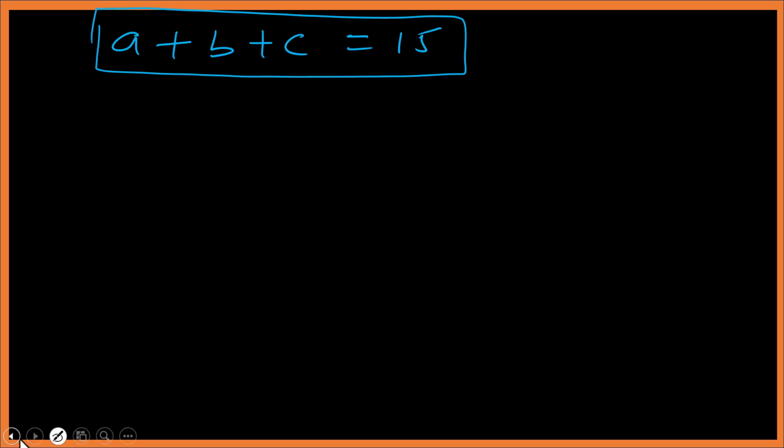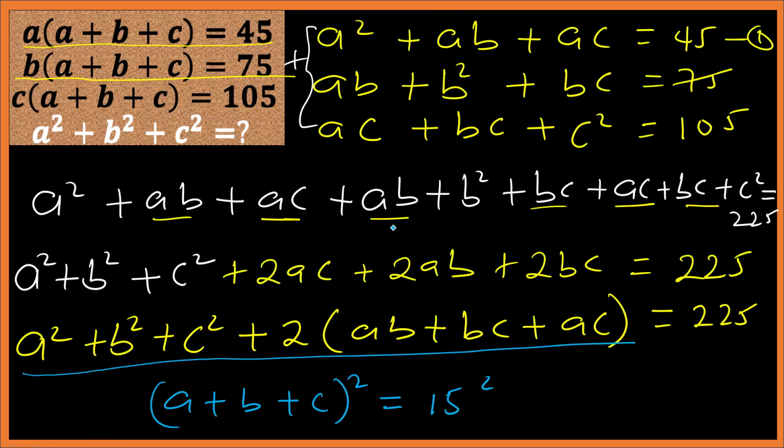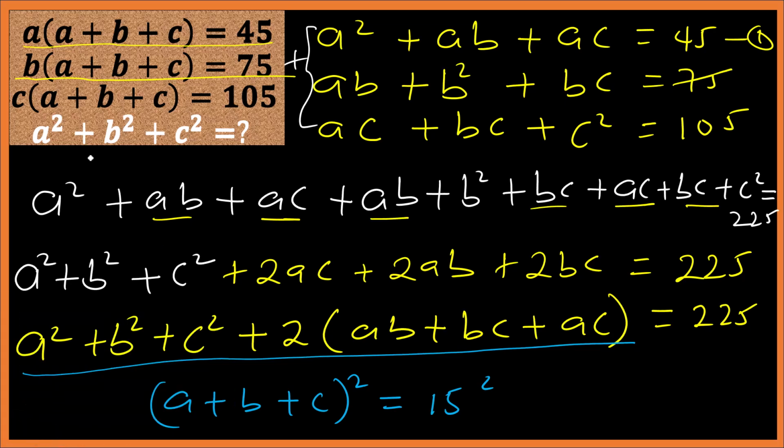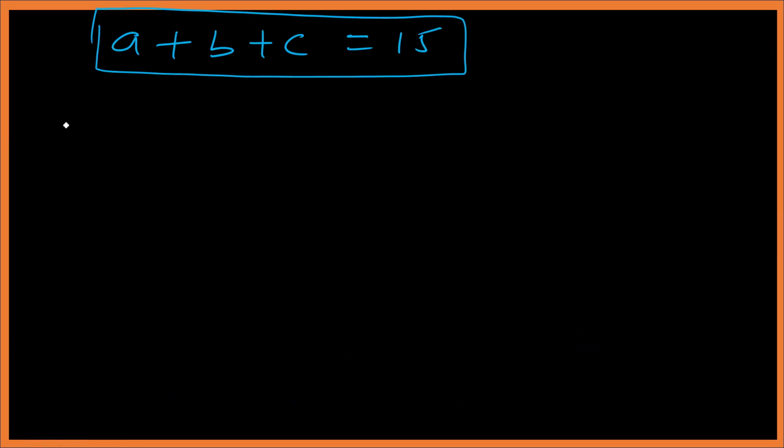Now, since a plus b plus c is known, we can do substitution. So from the first equation here, a times a plus b plus c equals to 45.